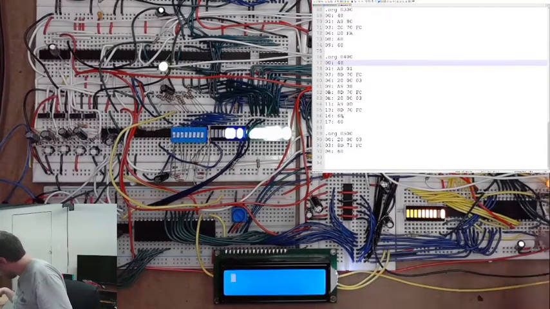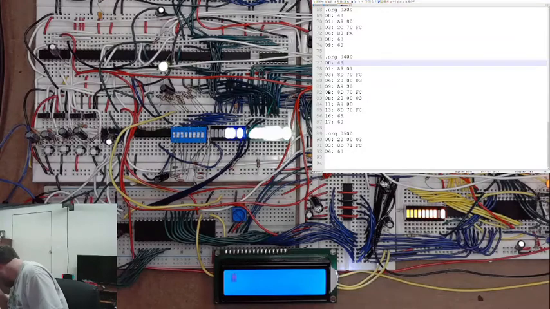Then we can re-enable this. Now the processor has taken over. That's weird. It shouldn't be accessing RAM, it should be accessing ROM. Huh. Well, I guess we'll see what it does in a second.